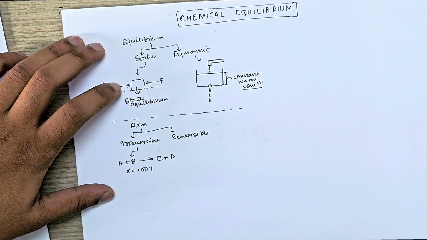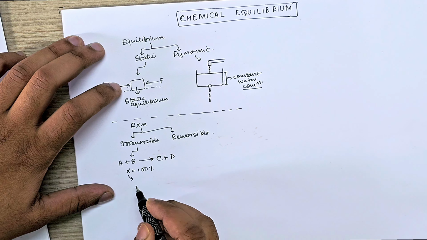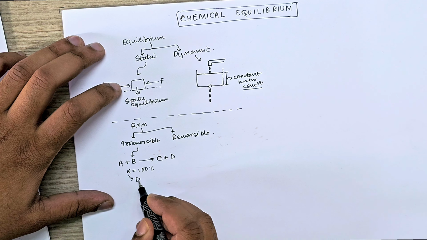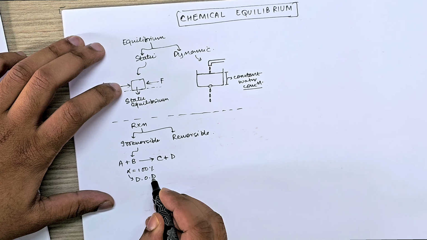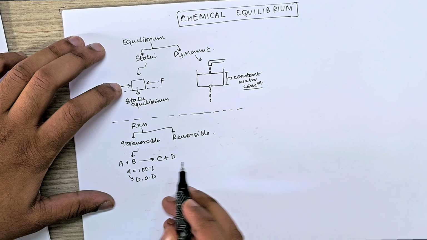Later on, in subsequent videos, I will explain what alpha is. This is known as degree of dissociation percentage, and alpha tells how much part of the reactant is going to convert into the product.